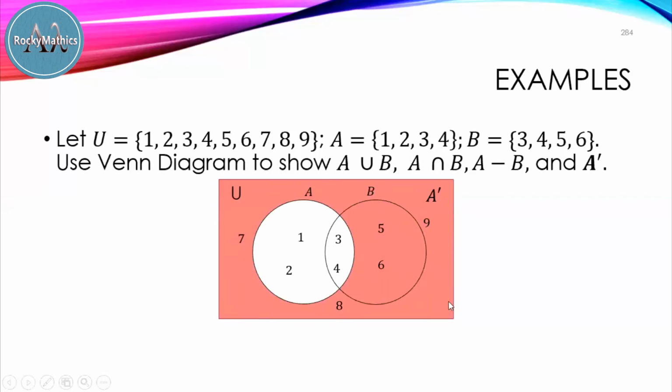This is A prime, the entire pink region. The elements in A prime are 5, 6, 9, 8, and 7.